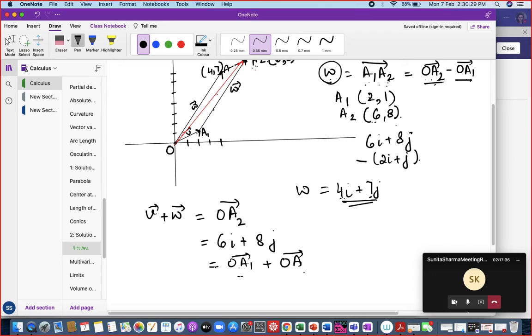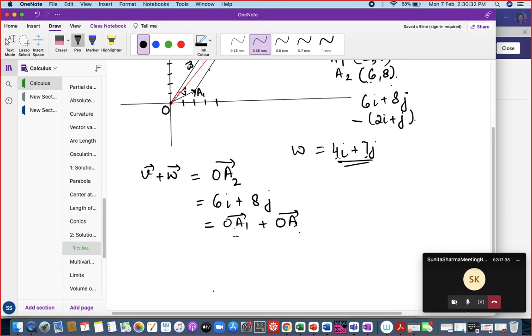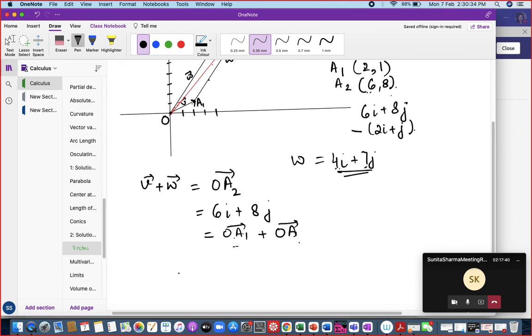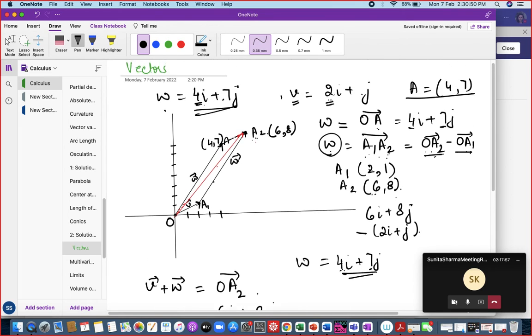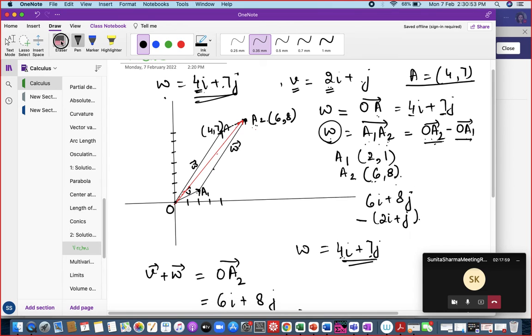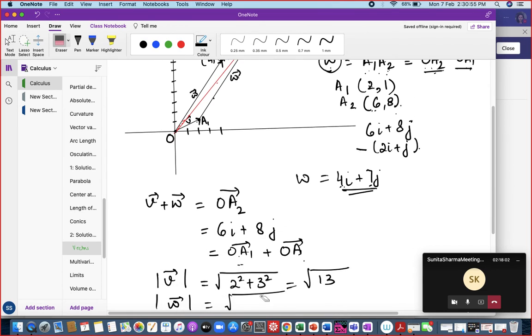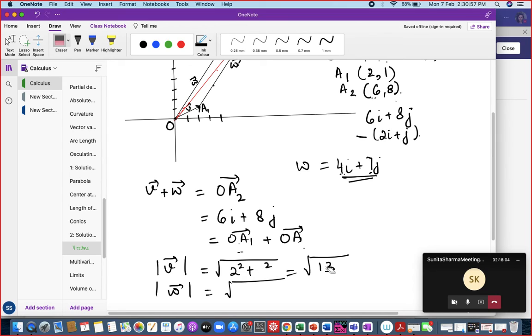And if you look at the magnitude, you can see how the magnitude is changing. The magnitude of V, we have already found: it is root of 2 square plus 3 square, that is root 13. Magnitude of W, sorry, I have changed it, it is root of 2 square plus 1 square, so it is root 5.